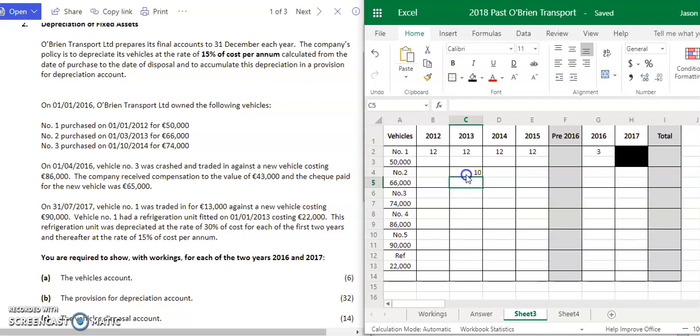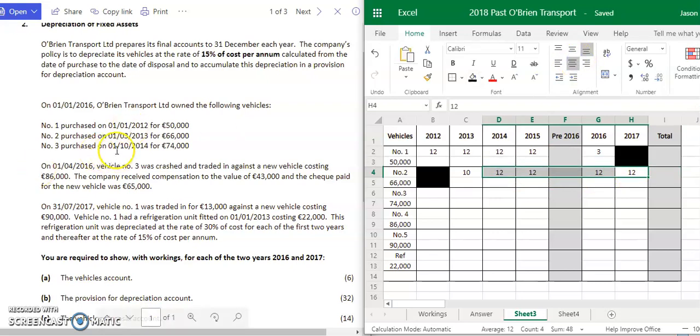So we had it for 10 months. We didn't have it for the start, so just going to blank that out. And then vehicle number 2, we had it for 12 months in 2014, 12 months in 2015, 12 months in 2016, and 12 months in 2017.